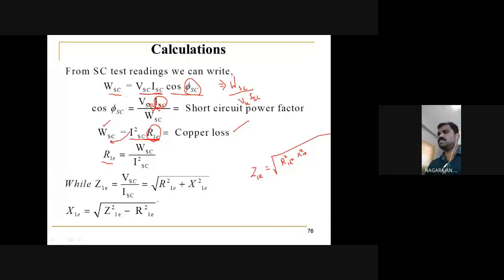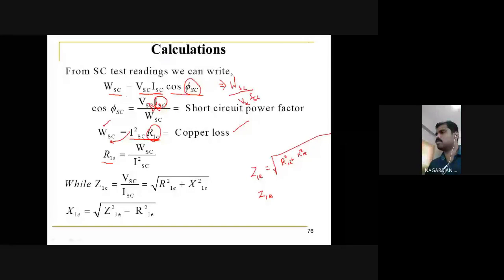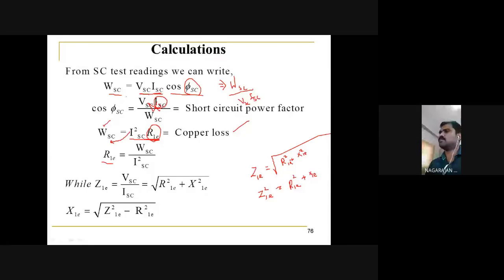From this equation, if I want to find X1E, how will you find it? To take out this root, I multiply by the square of this. So Z1E square is equal to R1E square plus X1E square.